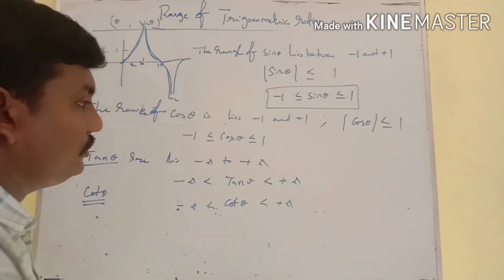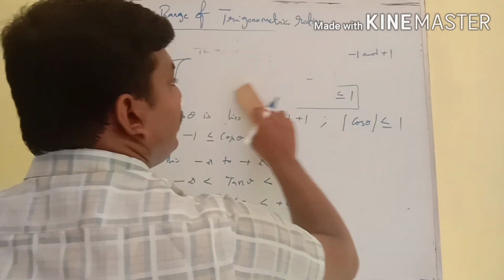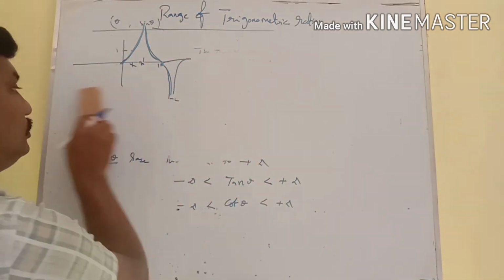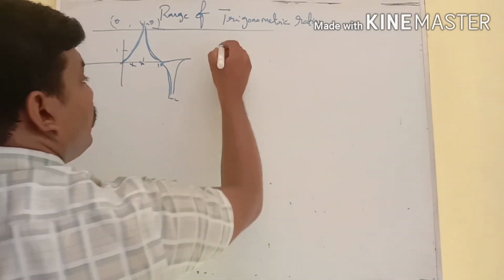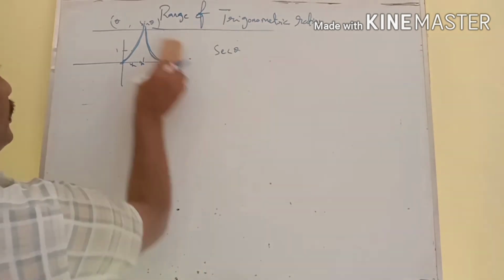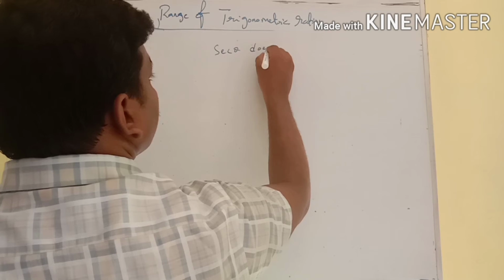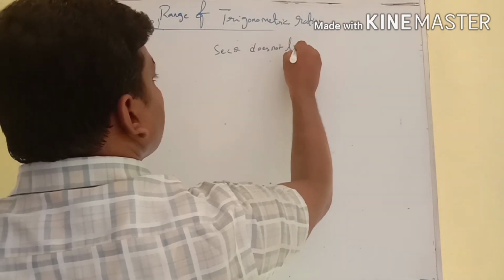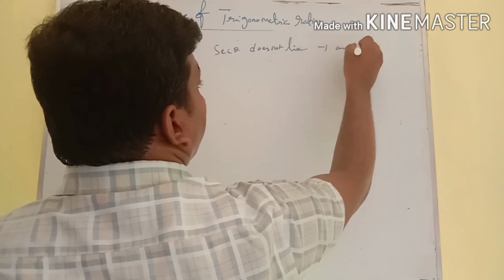Coming to secant and cosecant. What is the range of secant and cosecant? Secant theta does not lie between minus 1 and plus 1.